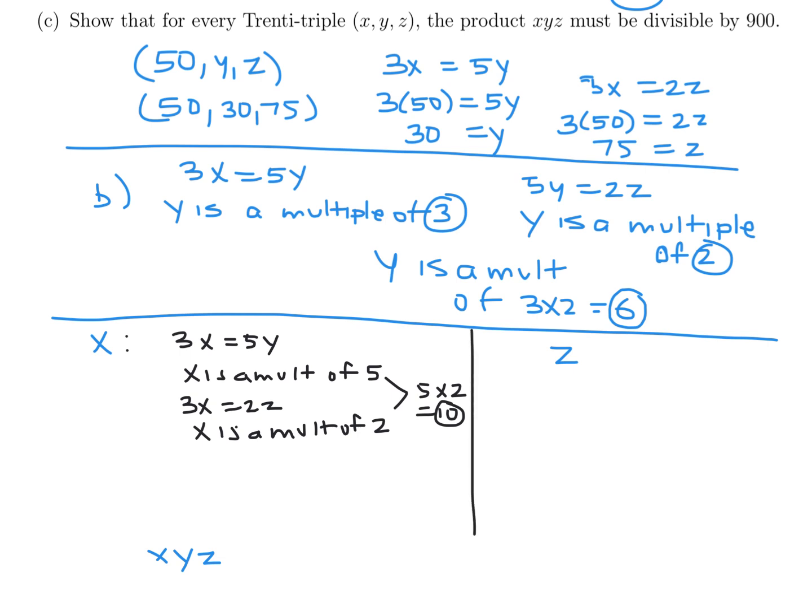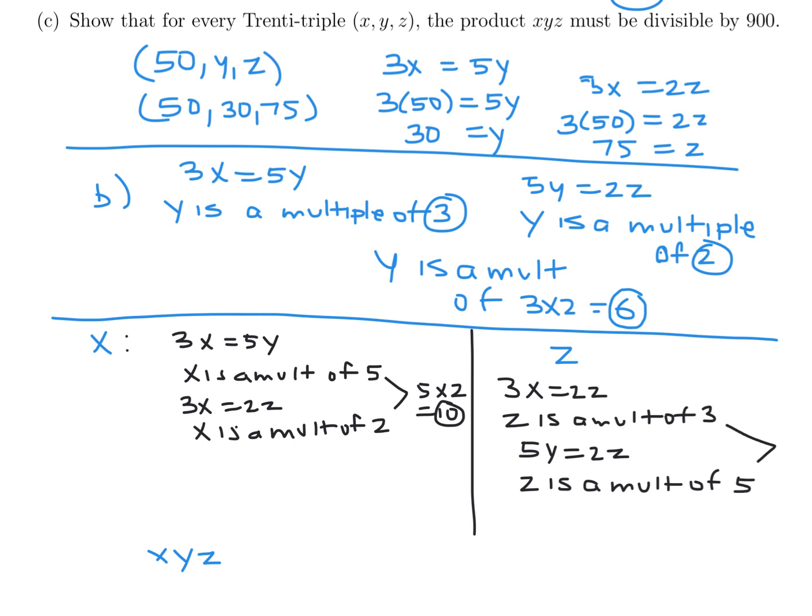And in a very similar way, we talk about z. 3x is equal to 2z. So z is a multiple of 3. And similarly, 5y is equal to 2z. So z is a multiple of 5. Combining 5 and 3, z is a multiple of 3 times 5, which is 15.